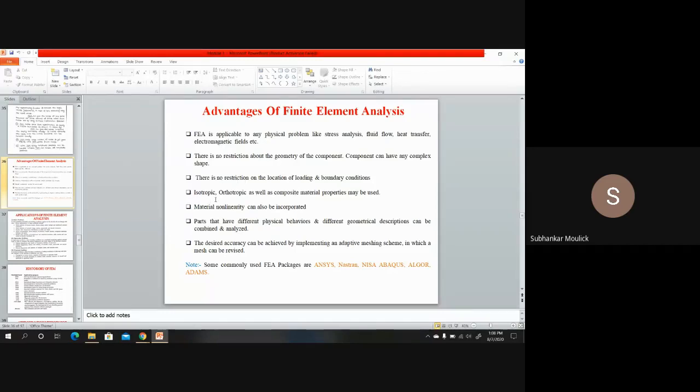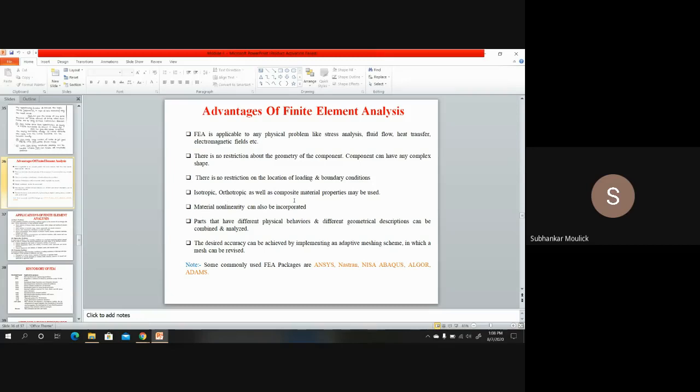What is orthotropic? Orthotropic means the material property will be different in different directions. All these types of problems, as well as composite material problems, where a machine member is made up of different composite materials, we can also solve by FEM.